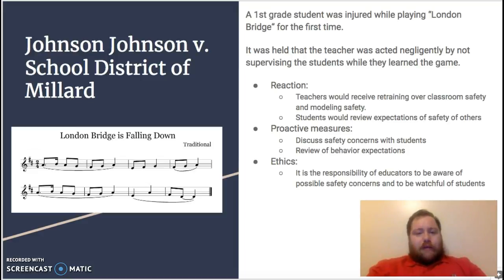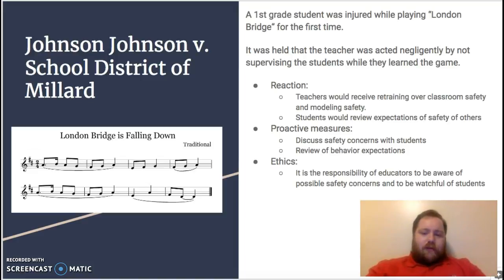Some proactive measures would be to make sure that anytime any activity is undertaken, safety concerns are addressed, and to really reinforce those behavioral expectations in our schools and classrooms.